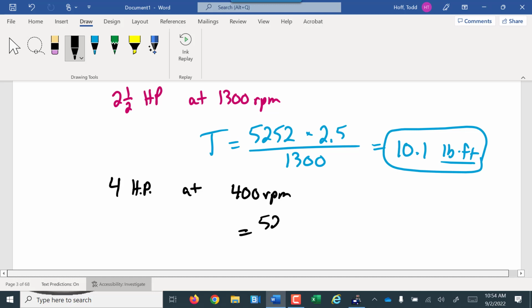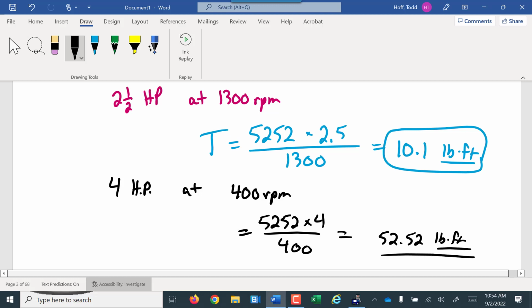Yep, so we got the 5,252 times 4, or times 4 over 400. Yeah, 52.52 pound-feet. Not so bad?